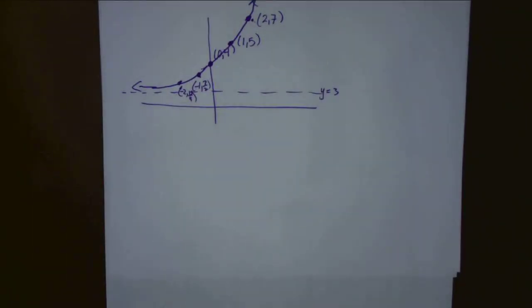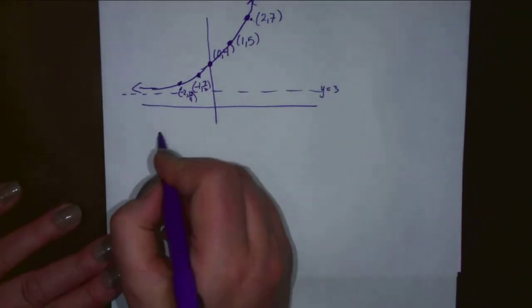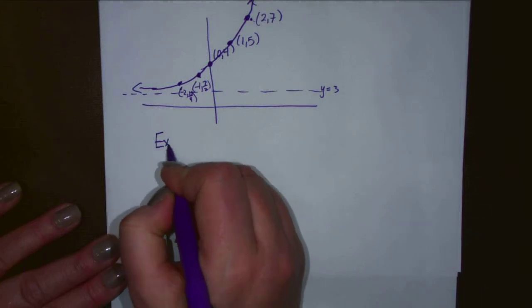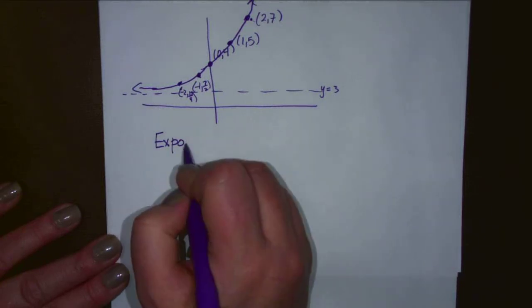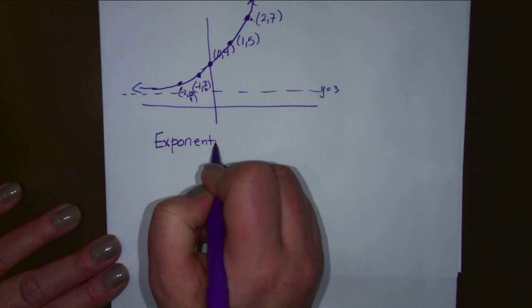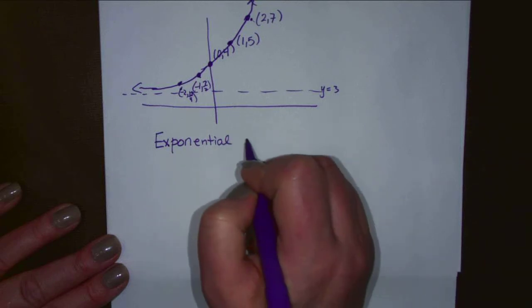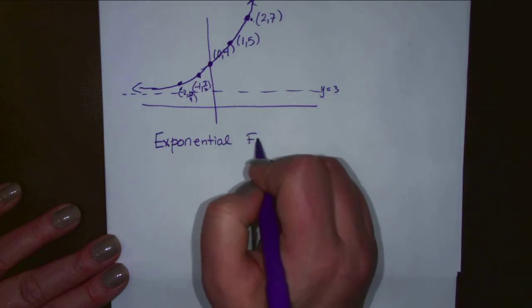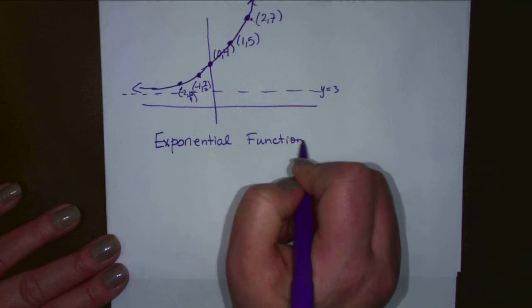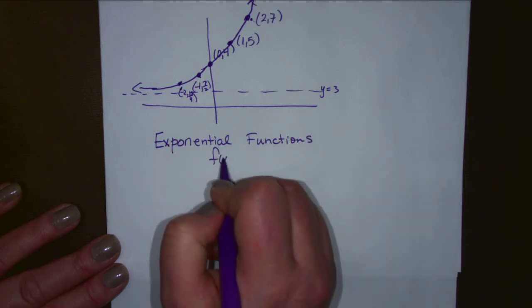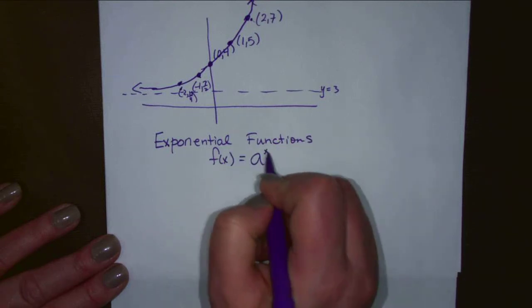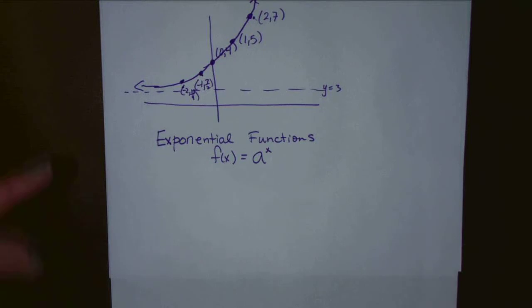Okay, so the other thing we need to know about exponentials is that there is what we call a natural exponential function. So f of x is equal to a to the x. Any exponential function is of this form.